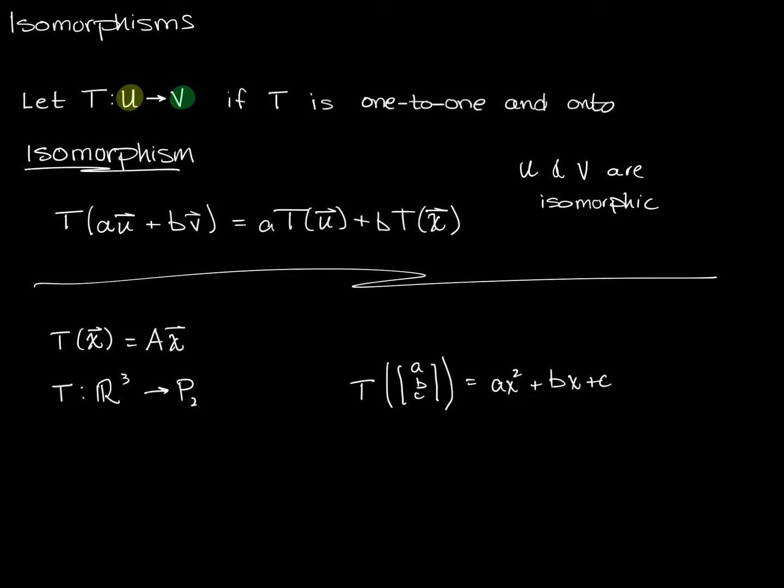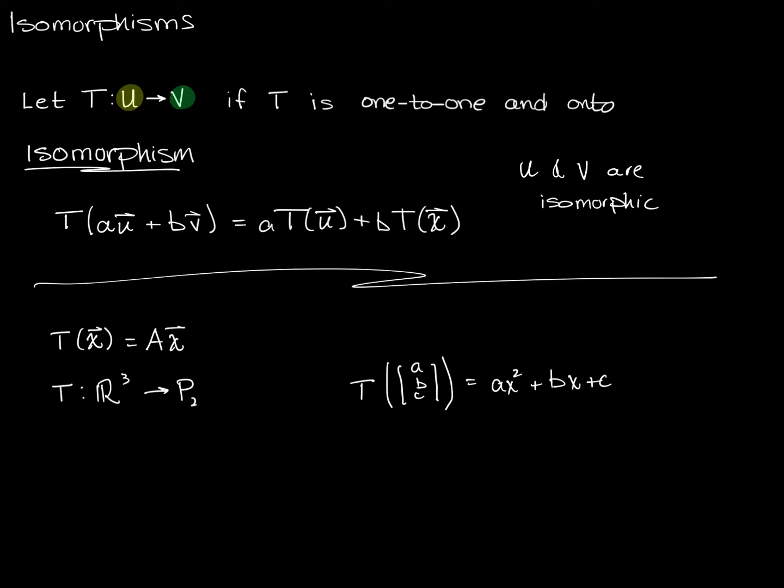Now that doesn't have to be my transformation. It could be that the transformation of the vector ABC maps to bx squared plus cx plus c, or ax squared plus ax plus a, or any combination is possible, right? I've just chosen one somewhat arbitrarily to indicate what the transformation looks like.